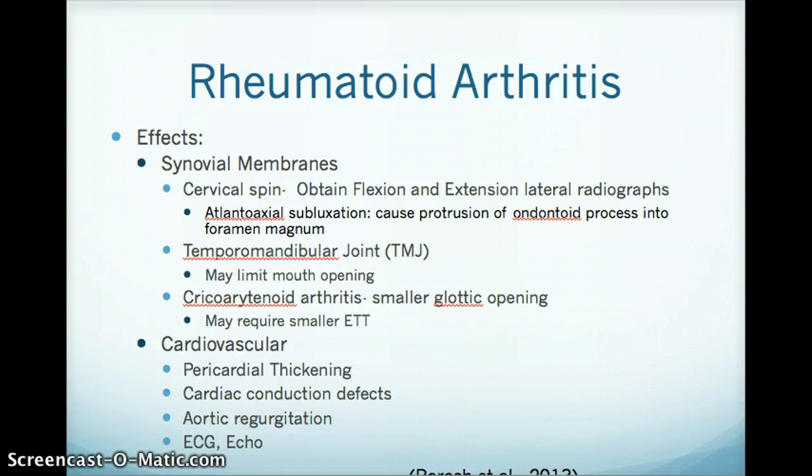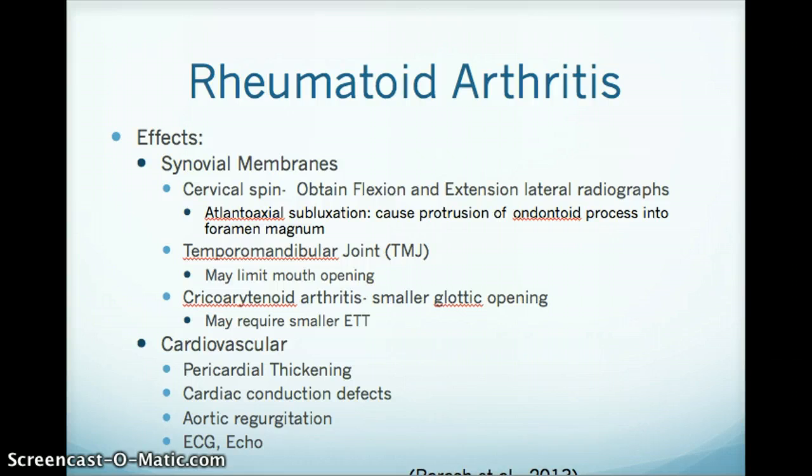With respect to the cervical spine, it is recommended to obtain flexion and extension lateral radiographs if the patient is receiving long-term steroids or immune therapy to rule out atlantoaxial subluxation. This can cause protrusion of the odontoid process into the foramen magnum, compressing the spinal cord and brainstem.